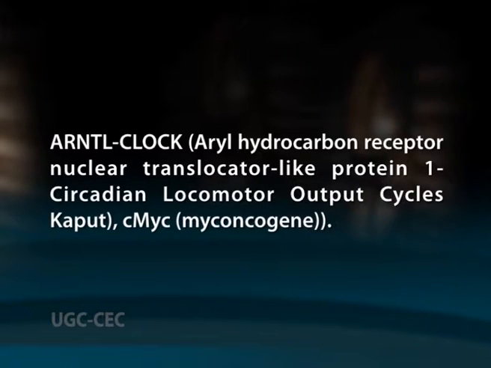Example, ARNTL and CLOCK, that is aryl hydrocarbon receptor nuclear translocator like protein 1, circadian locomotor output cycles kaput. And another one is C-MYC, that is myc oncogene. Some promoters in eukaryotes are targeted by multiple transcription factors which might achieve a hyperactive state leading to increased transcriptional activity.